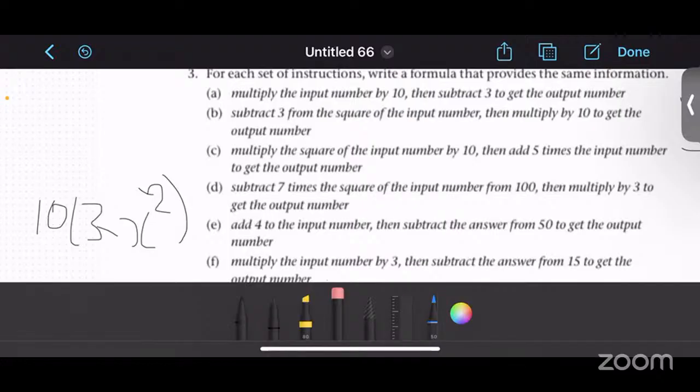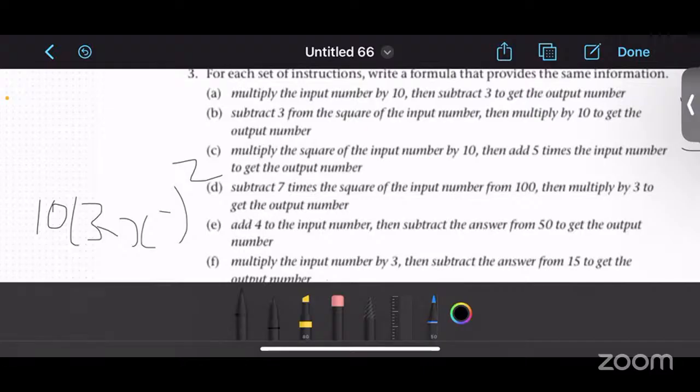Oh, wait, no, ma'am. I think the exponent is supposed to be outside the bracket. So the full sum's going to be y equals 10, open bracket, 3 minus x, close bracket, to the power of 2. Okay. All right. Thank you.